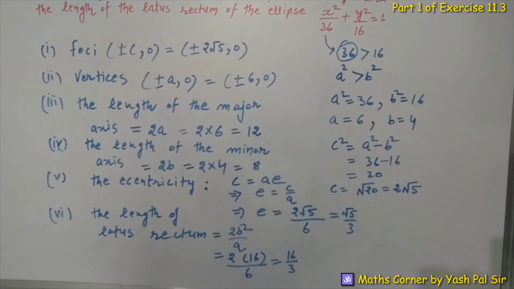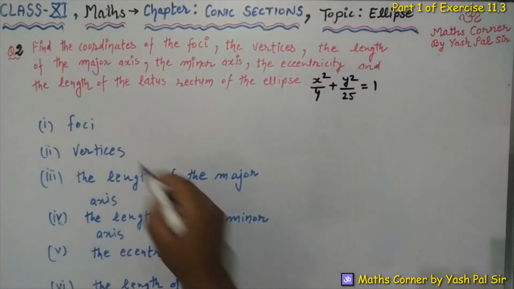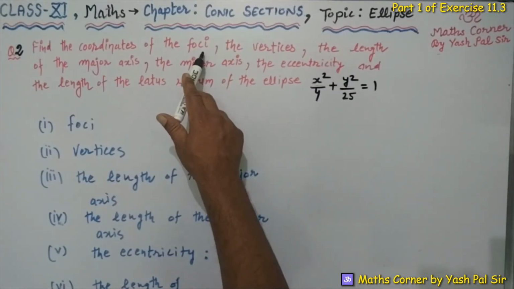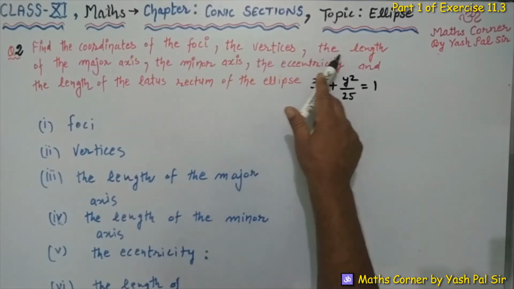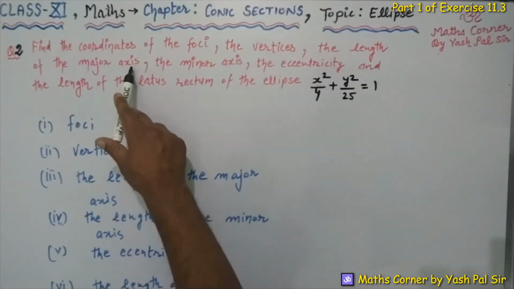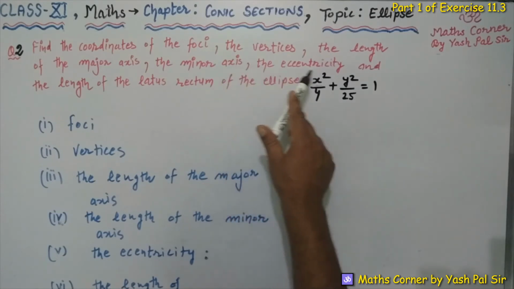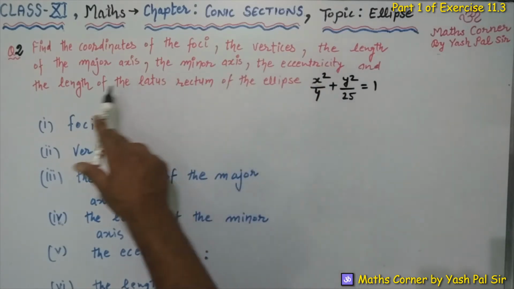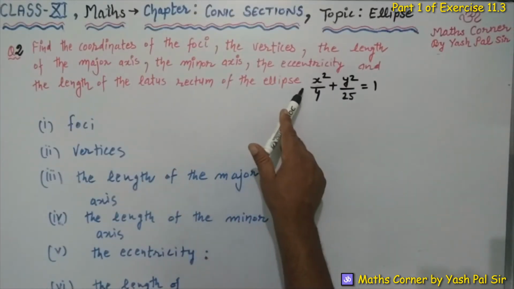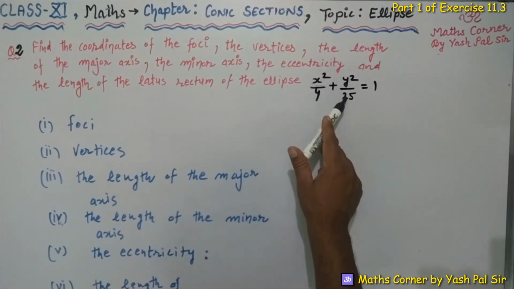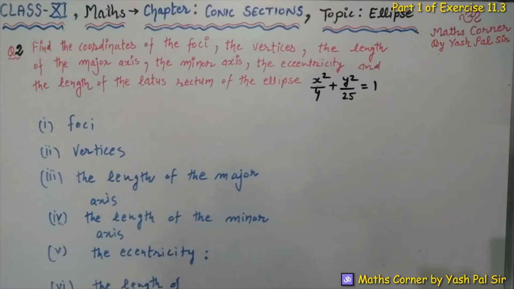Question number 2 is find the coordinates of the foci, the vertices, the length of the major axis, the minor axis, the eccentricity, and the length of the latus rectum of the ellipse x square upon 4 plus y square upon 25 is equal to 1.